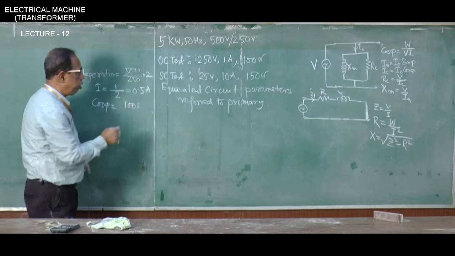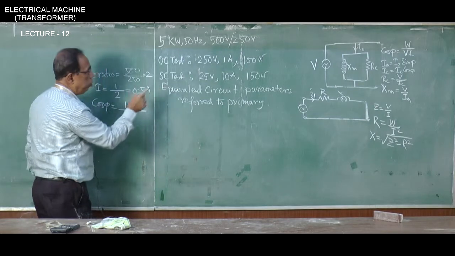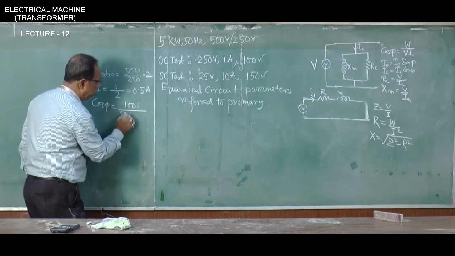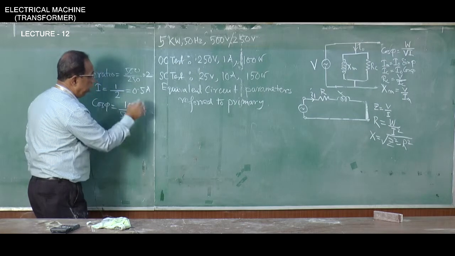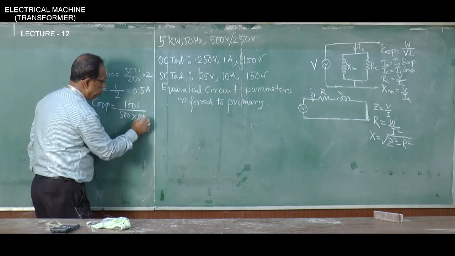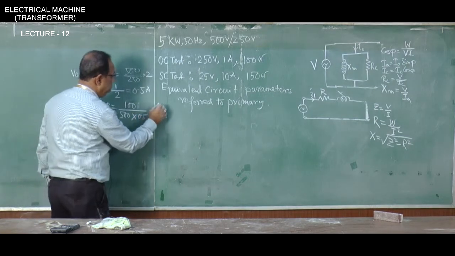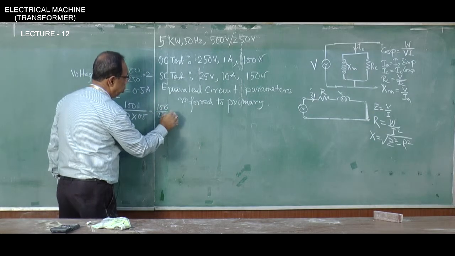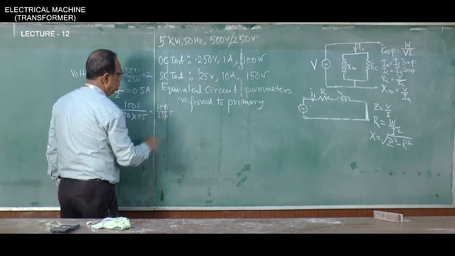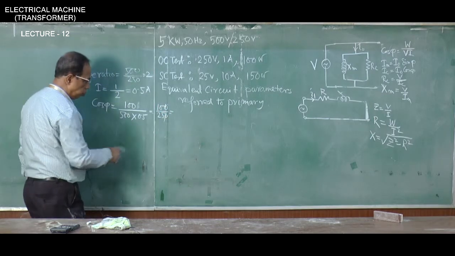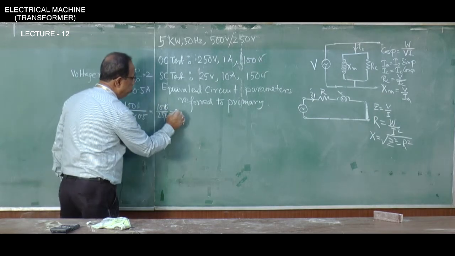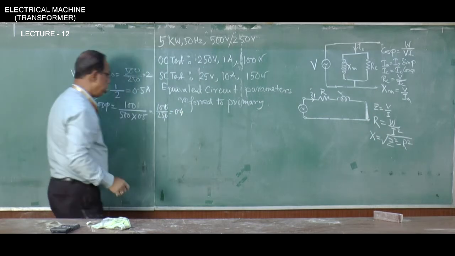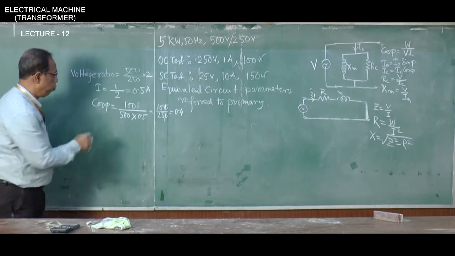So, 100 watt divided by voltage times current, where voltage is 500 volt and current is 0.5 ampere. So, it is coming 100 by 250, which is 0.4. So, cosine phi is 0.4.